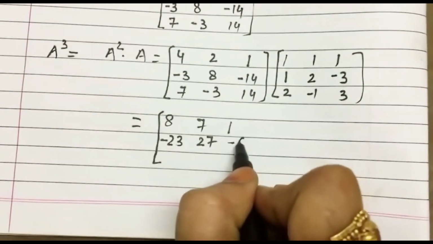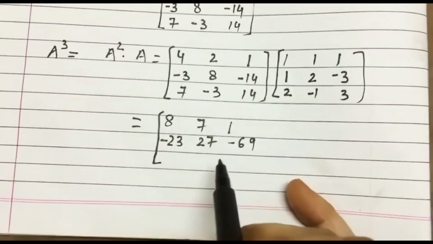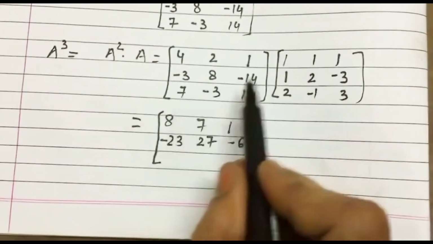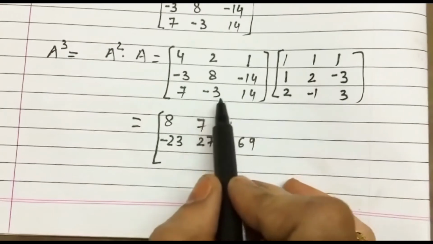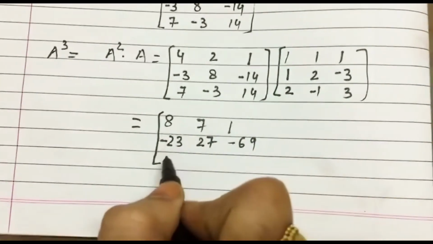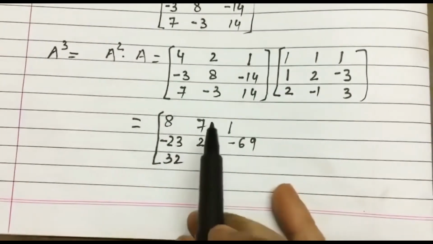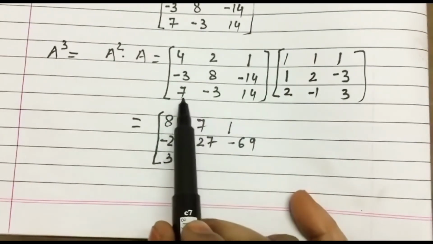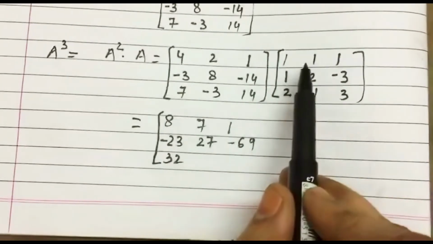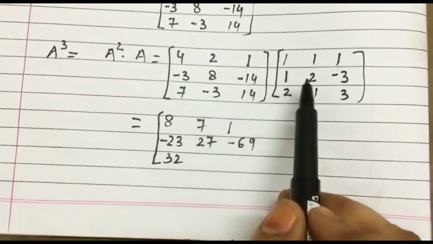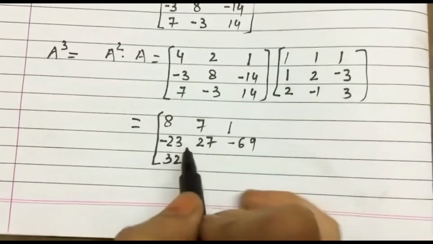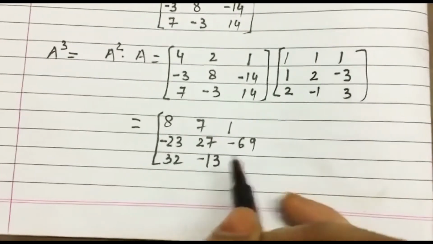You will get minus 69. Now third row multiply with the first column: 7 into 1, plus minus 3 into 1, and plus 40 into 2. It will give you 32. Now same third row with the second column: 7 into 1, plus minus 3 into 2, plus 40 into minus 1. It will give you minus 13.